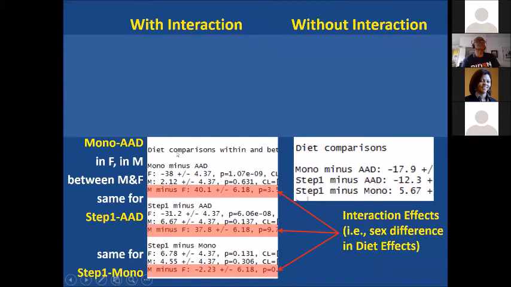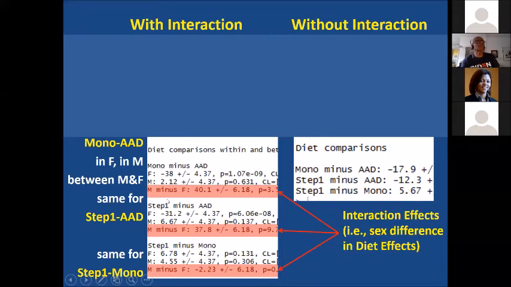But with interaction, for mono minus AAD, there is 1 in F and 1 in M. Step 1 minus AAD, there is 1 in F and 1 in M, and so on. And finally, because there is interaction, you also get to see the comparison of F to M within each diet comparison.